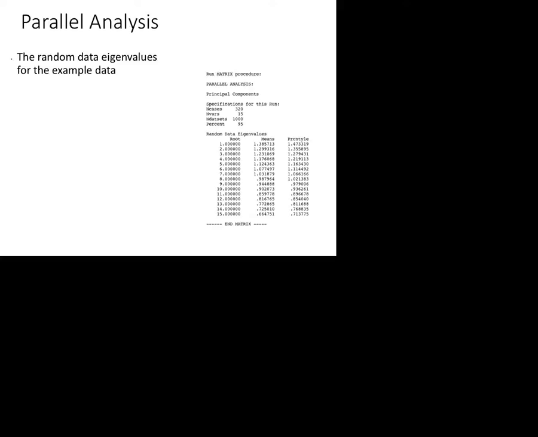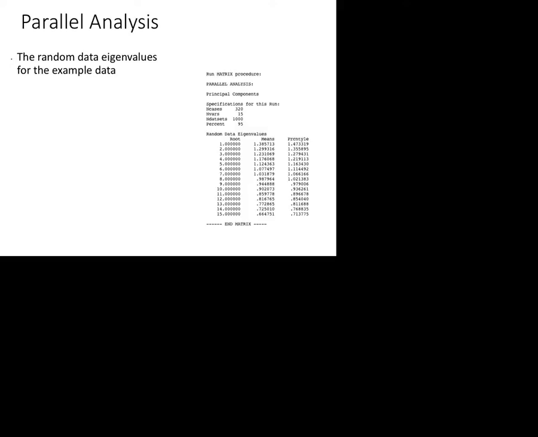If we go back and look at the previous slide, remember 3.004 for our first component. Look at the first component, in the 95th percentile column. Is our data better than this data? Remember, this is just the randomly generated data, and at the 95th percentile, the eigenvalue is 1.47. Is ours greater than that?